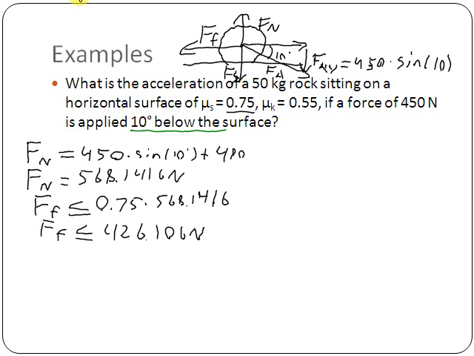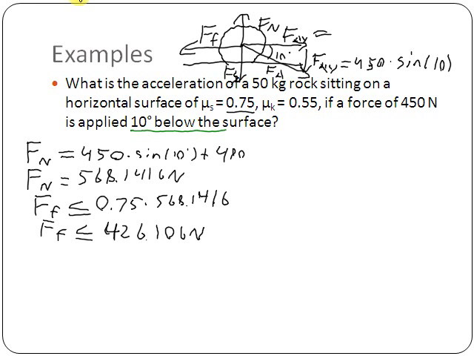Now, the question is, is our applied force enough to overcome this and make this kinetic rather than static? Well, our applied force is 450, so at first you might say, oh, 450 is bigger than 426. But that's actually not correct, because that 450 is angled downward. We're really only concerned with the x component of this. We really want to see what our FAX is right here. That's the one that has to be bigger than this 426.